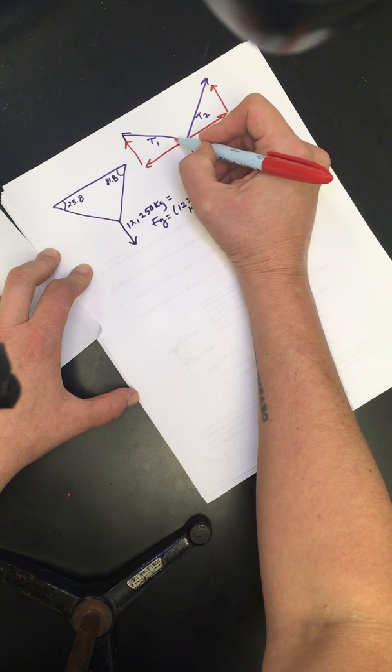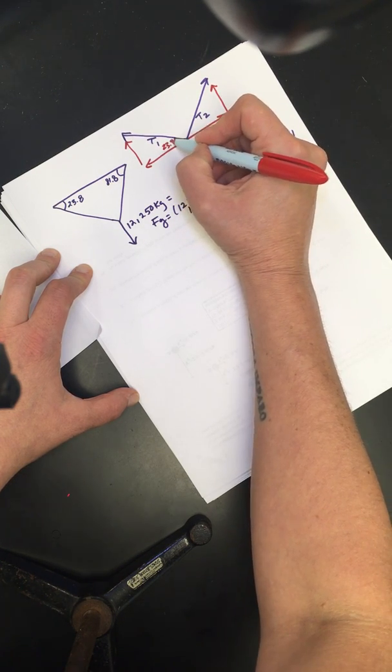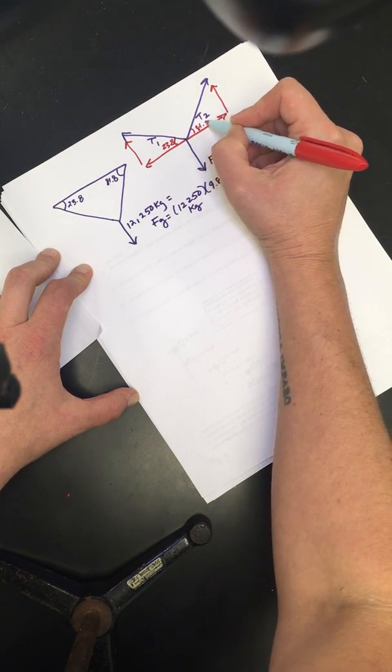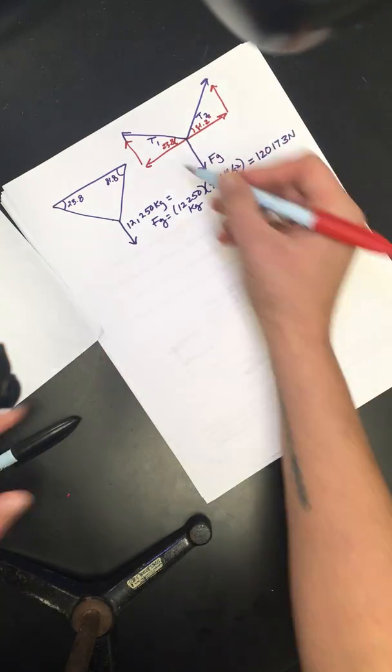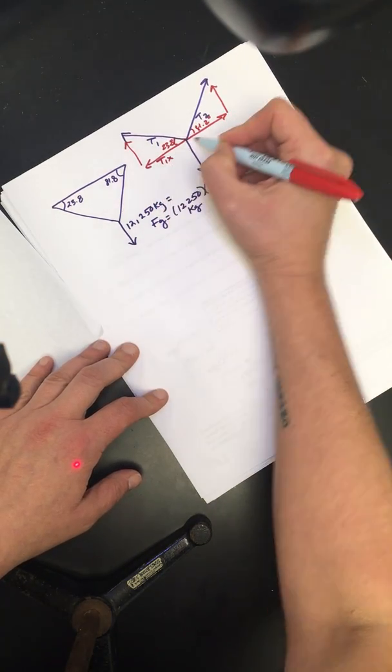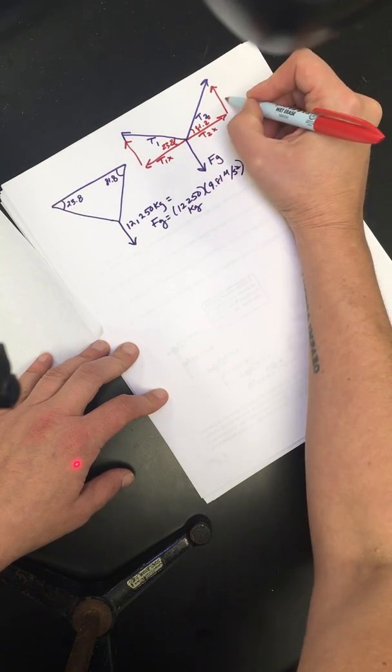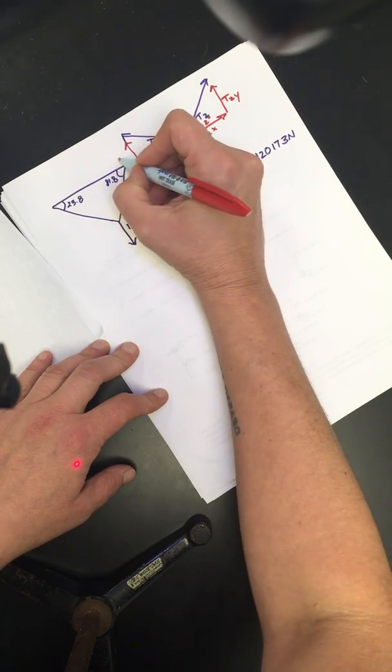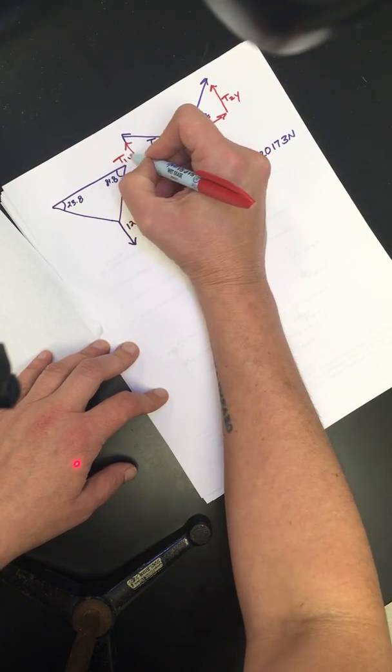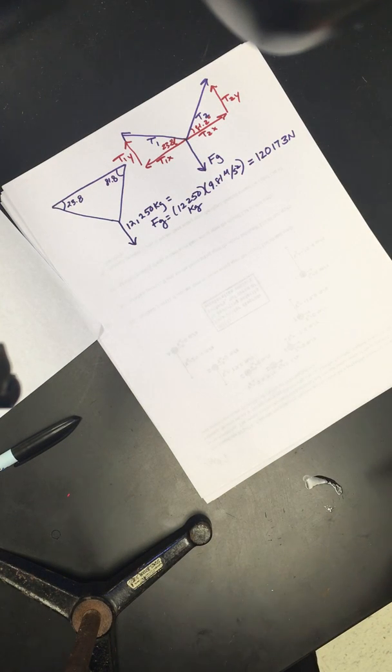So that makes this 23.8, and this is 81.2, although it certainly doesn't look like it. All right, T1x, T2x, T2y, T1y.